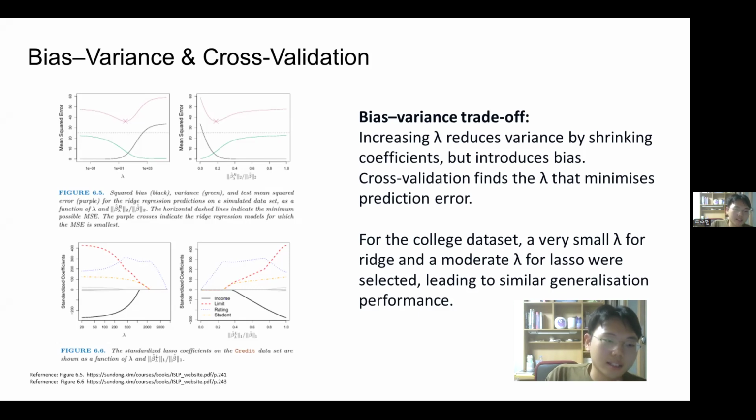OLS already sits near the bias variance sweet spot. In other words, regularization did exactly what it should, but it didn't hurt. But there also wasn't much variance to shave off, so all three land on essentially the same generalization performance.